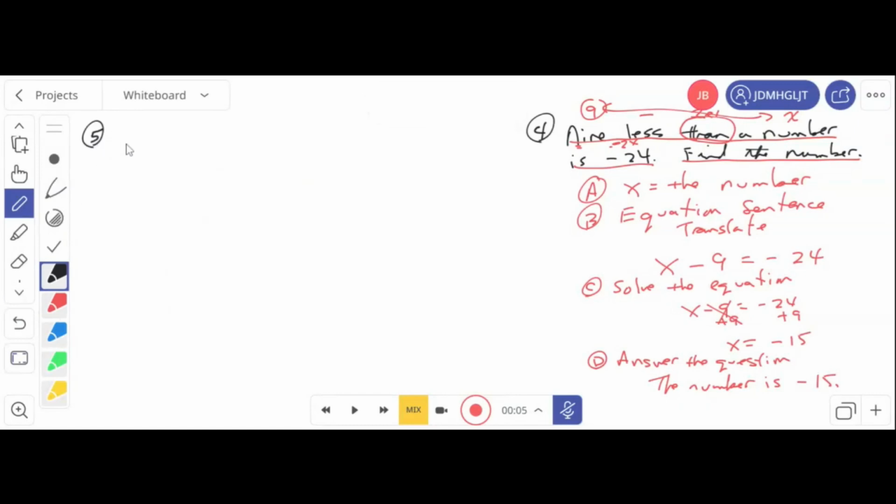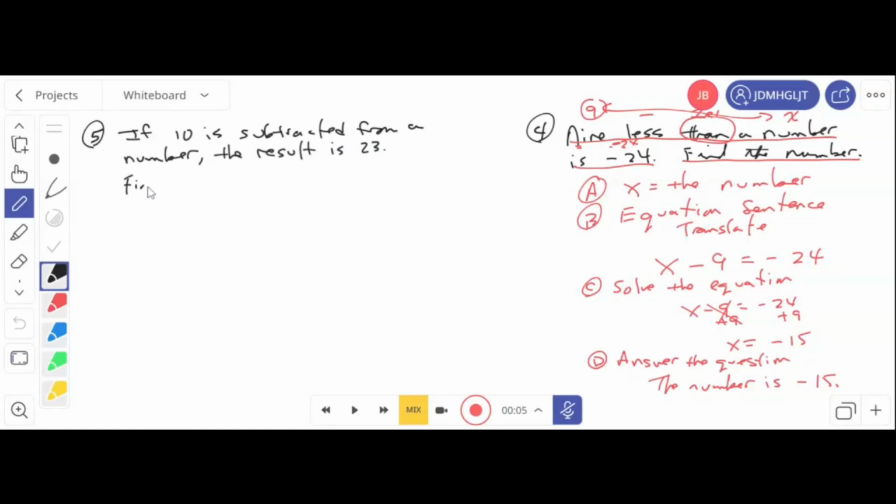It says, if 10 is subtracted from a number, the result is 23.